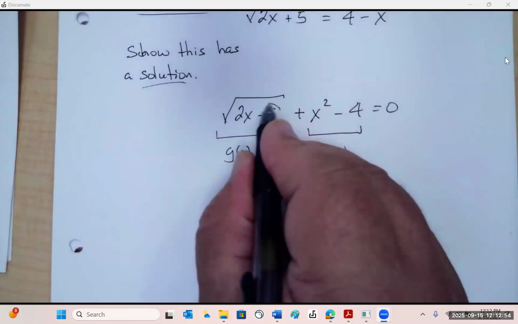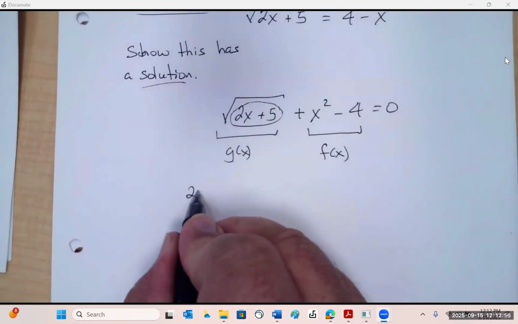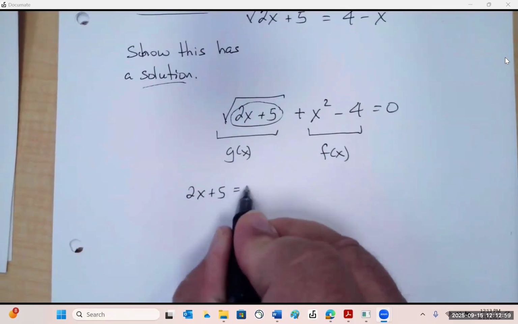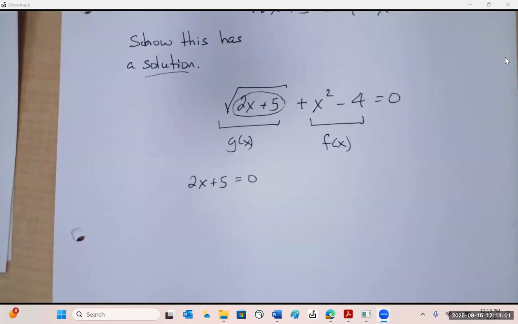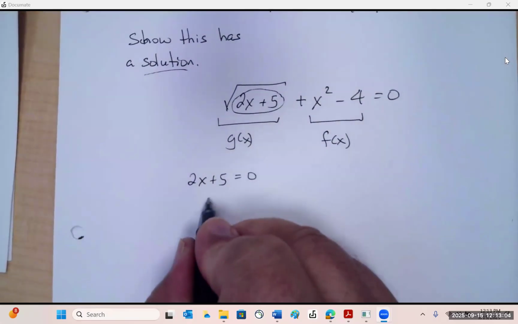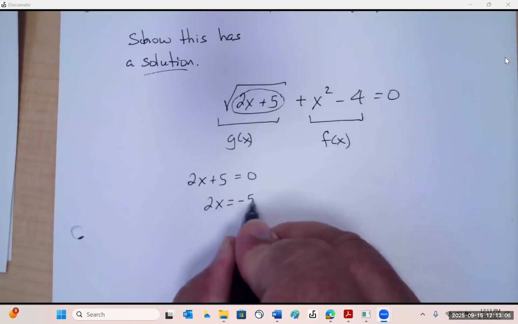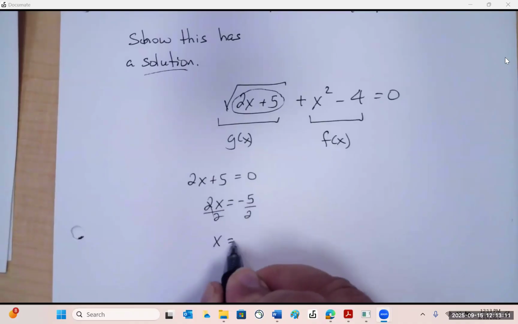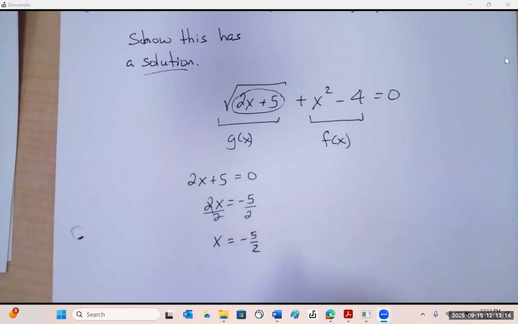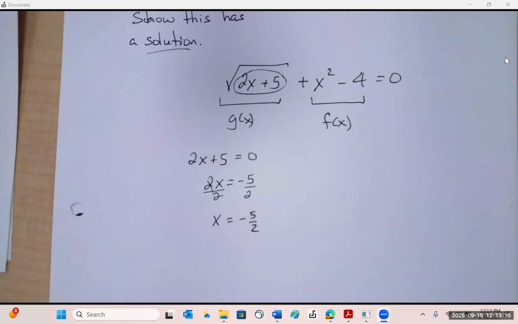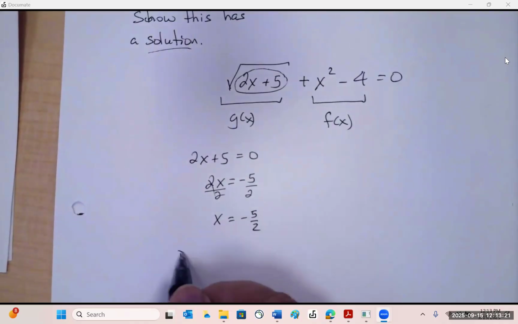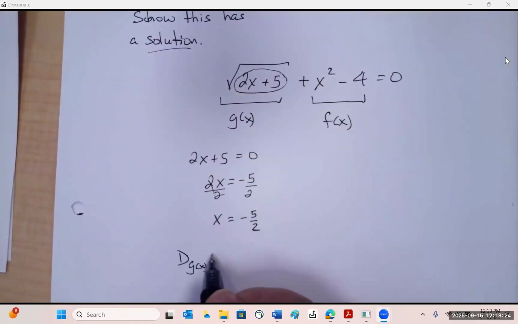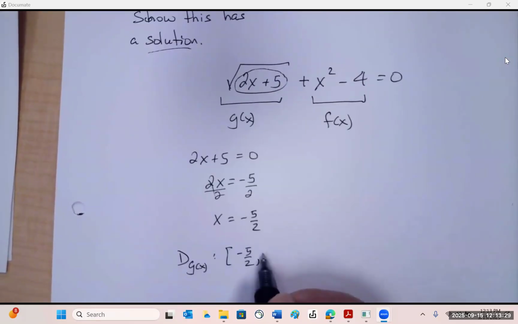So that means we have to see what makes the inside here set equal to 0. So the smallest x can be is negative 5/2. So the domain of g of x is negative 5/2, comma, infinity.